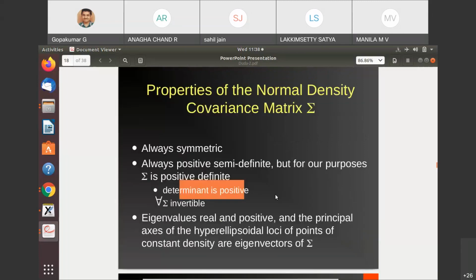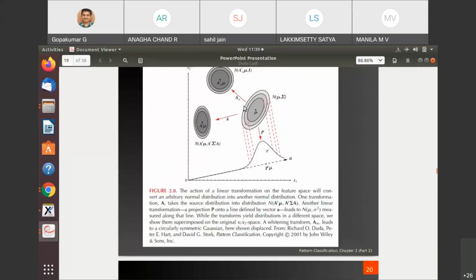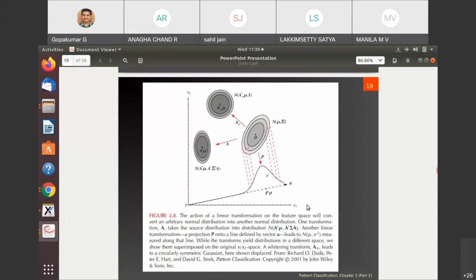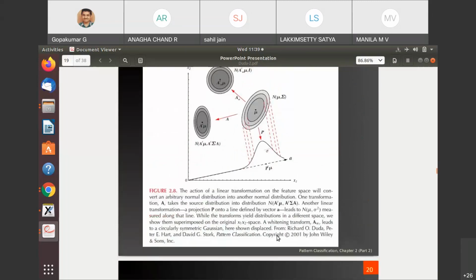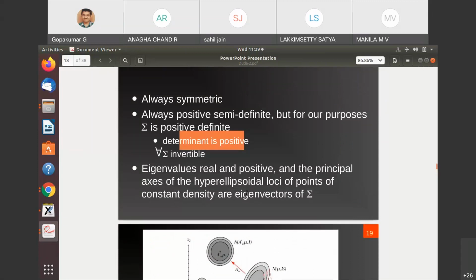Another property, which is also not that significant in our analysis, is how the points will fall. If you plot, for example, x1 and x2 along the x and y directions, how will the points be distributed in this feature space? That aspect is not going to affect our pattern decision making, but it gives a quick idea.